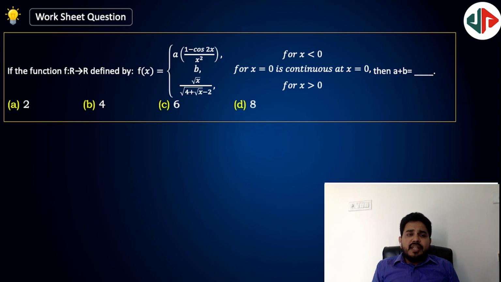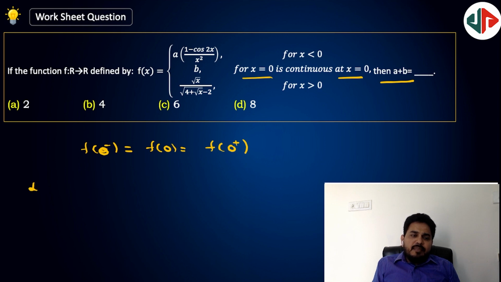If a function defined as f of x is continuous at x is equal to 0, what is a plus b? So here I need to check f of 0 minus is equal to f of 0 is equal to f of 0 plus.